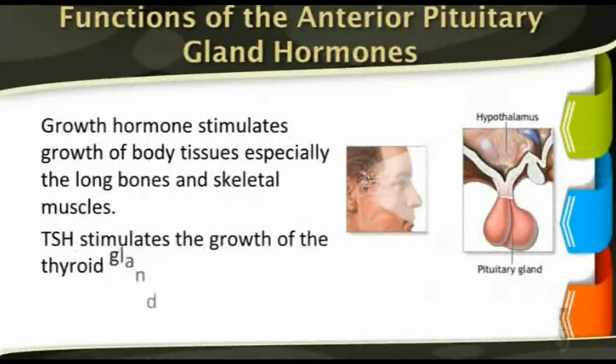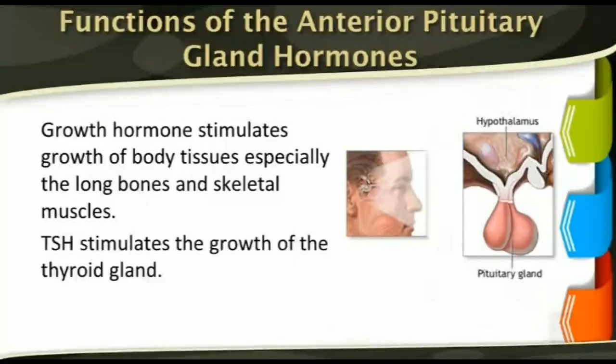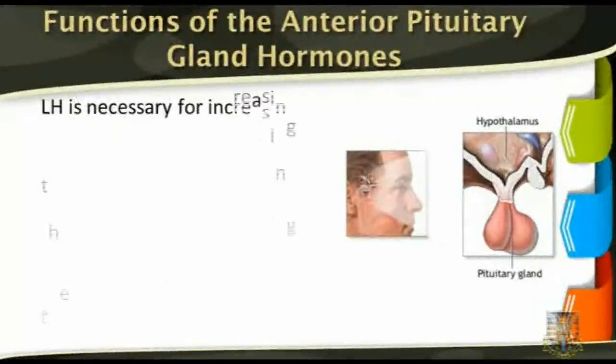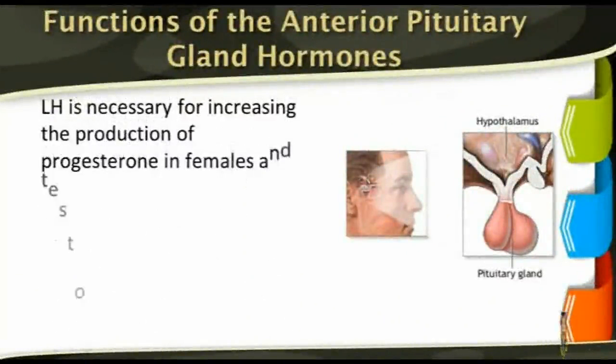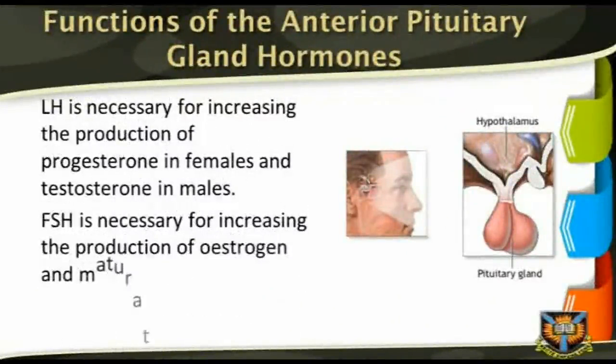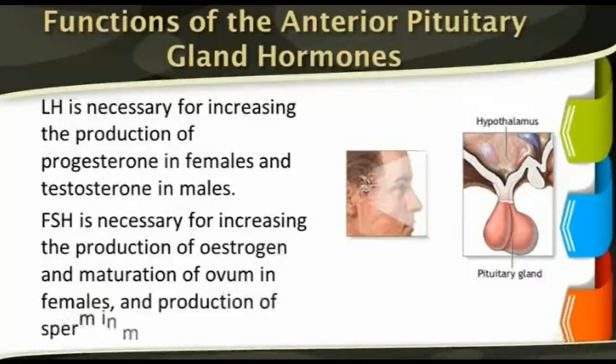1. The growth hormone regulates growth of body tissues, especially the long bones and skeletal muscles. The TSH stimulates the growth of the thyroid gland. The LH is a gonadotropic hormone necessary for increasing the production of progesterone in females and testosterone in males.